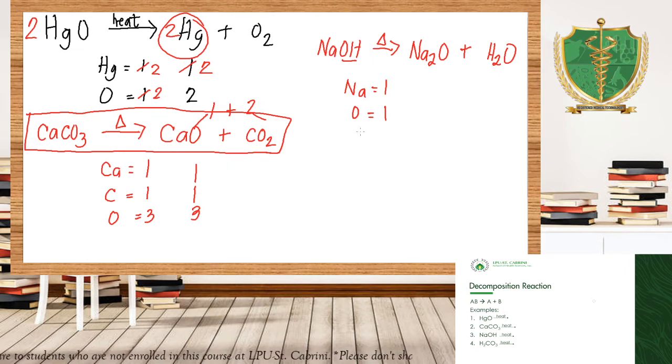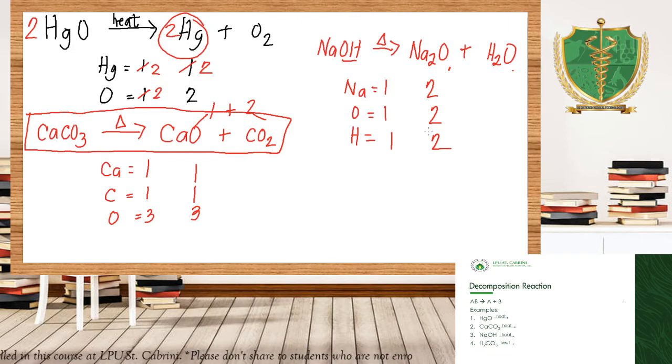So how many hydrogen in the reactant? 1. How many sodium do we have in our product? 2. How many oxygen do we have in our product? 2. Bakit naging 2? 1 here, 1 here. How many hydrogen do we have? 2.